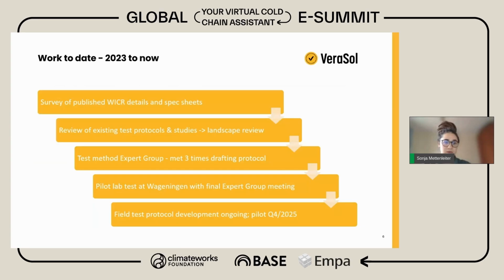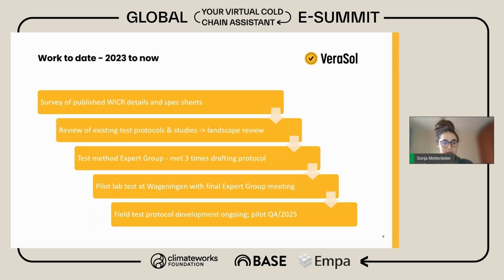So what have we done so far? We started with a review basically on what information is out there, what cold room suppliers are providing, what details and spec sheets there are. Then we did a landscape review on those existing things.